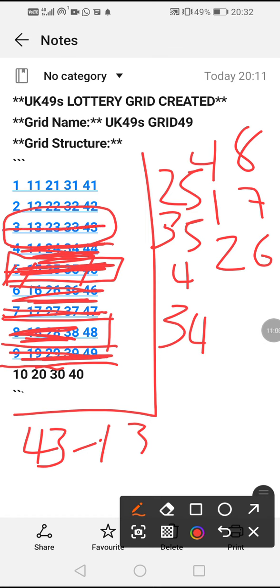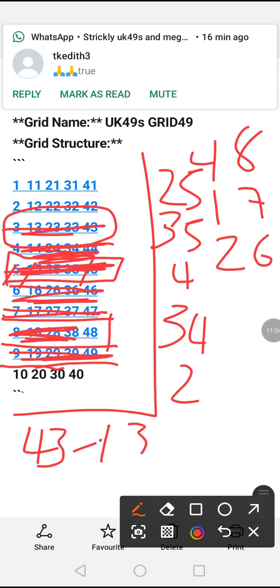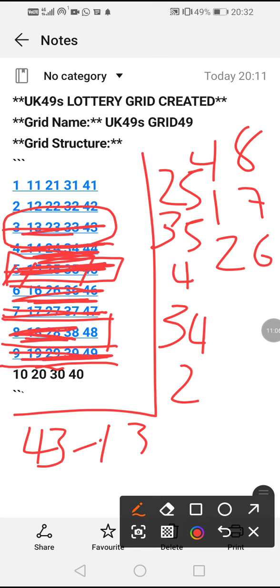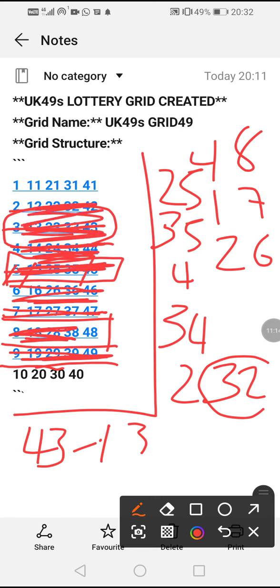So we go to the series of 2. 2 did not drop, we need a 2 again there. And then we go to 22. 22 this week has not dropped yet. And then we left with 32. We go up there now, the first ones. There is a problem because 21st has dropped, 11 has dropped, so we left with 1, 31 and 41.